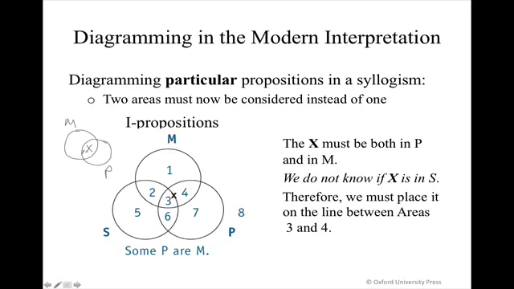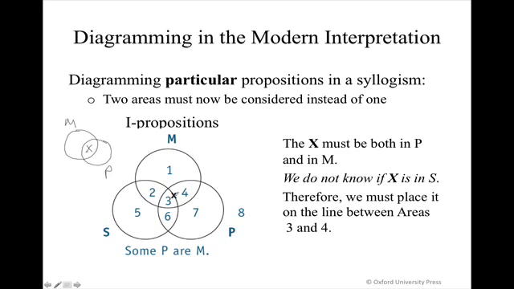and P. However, do notice that because we don't know if this X will or will not end up being in the part of the P class that overlaps with S, we put the X on the line.